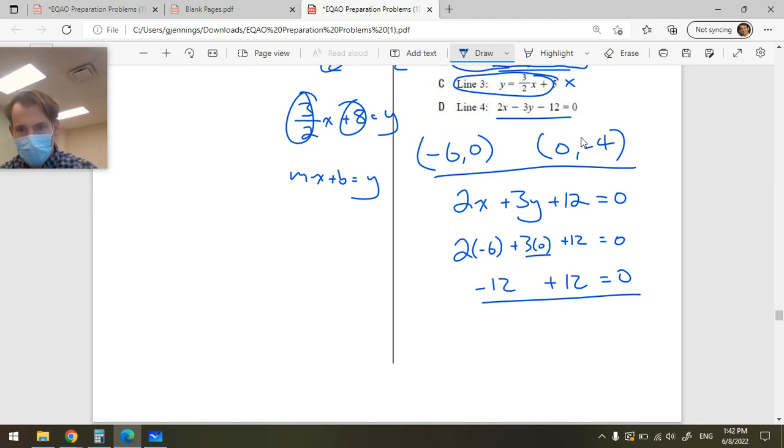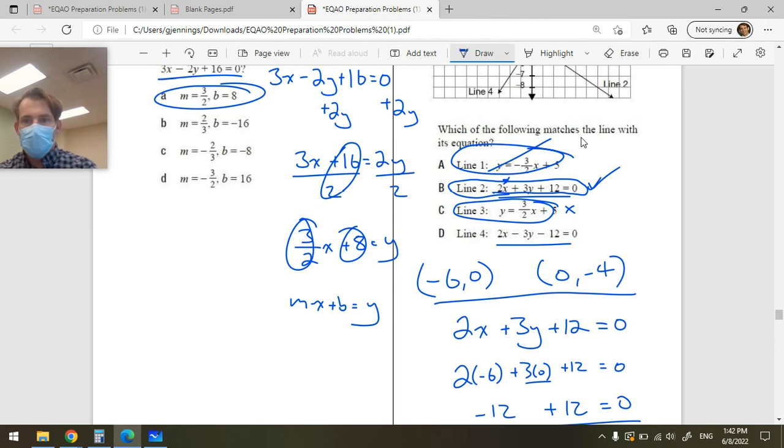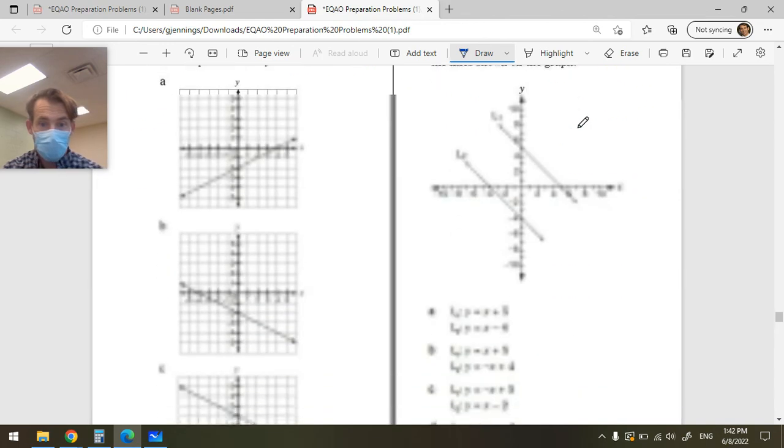When x is 0, you have 2 times 0, which is 0, plus 3 times negative 4 plus 12 equals 0. 3 times negative 4 is indeed negative 12. And negative 12 plus 12 is indeed 0. So this one's true. If I test that for these points, it won't work. It just won't, okay? Let's keep going.